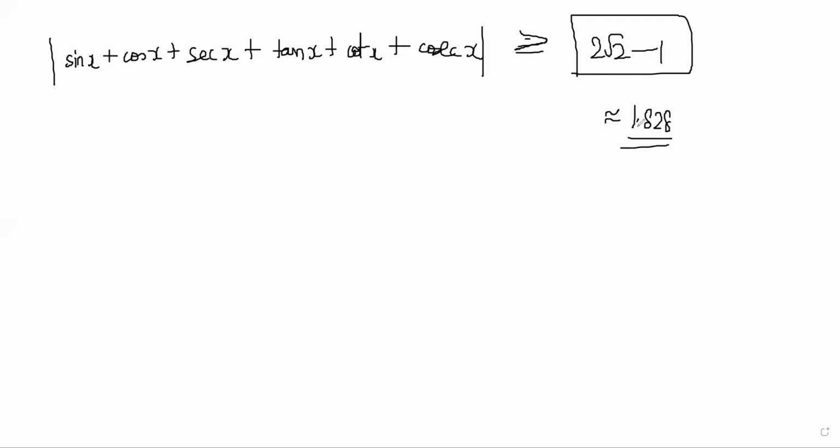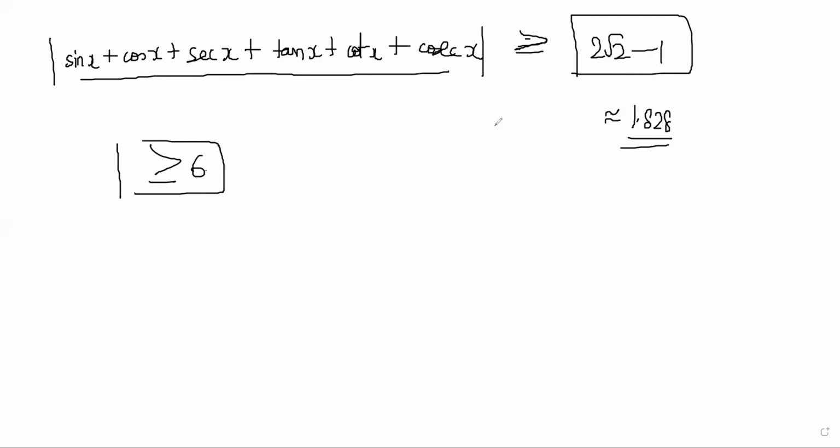So notice that if it was positive range, if it was first quadrant angles, it was greater than or equal to 6. But if it is not first quadrant angles, it can be much lesser, right? You understand?